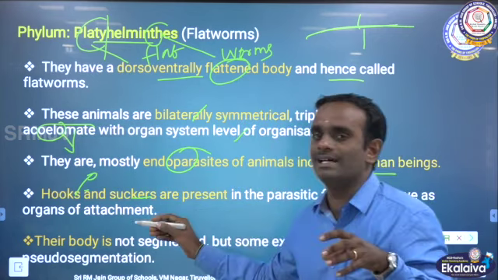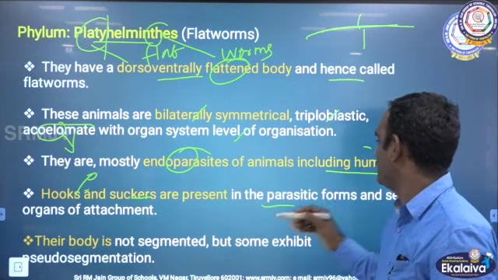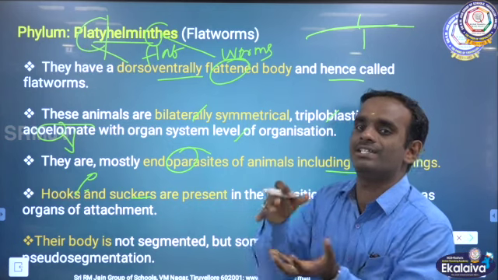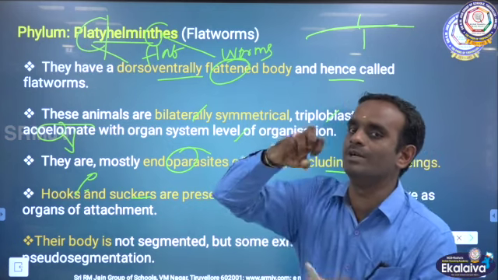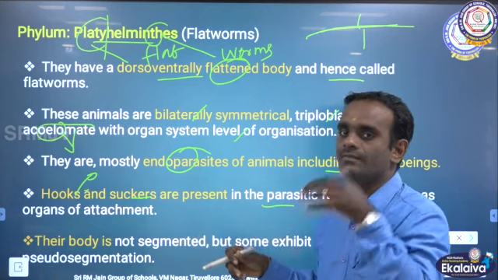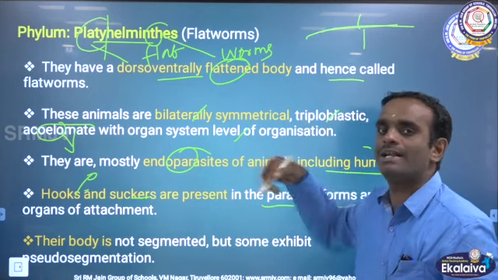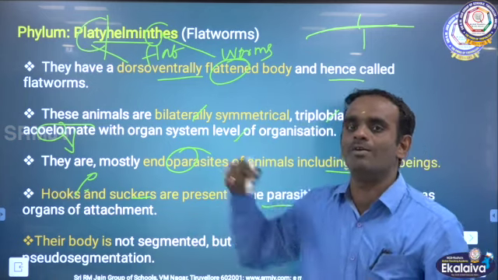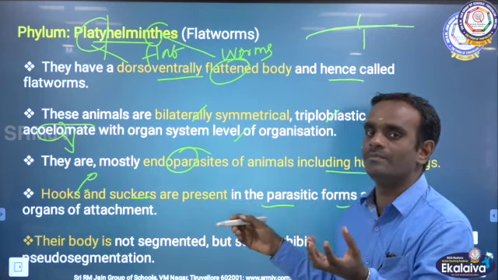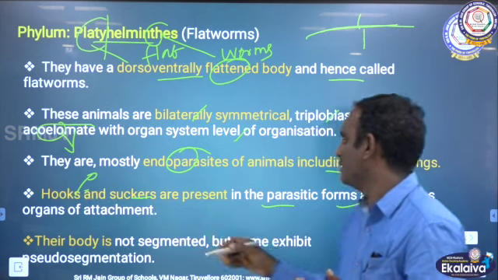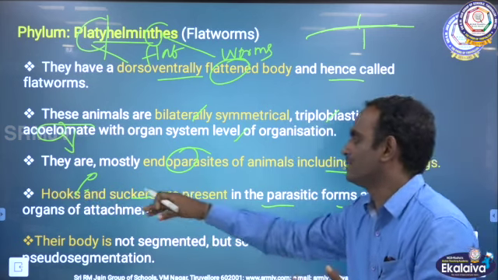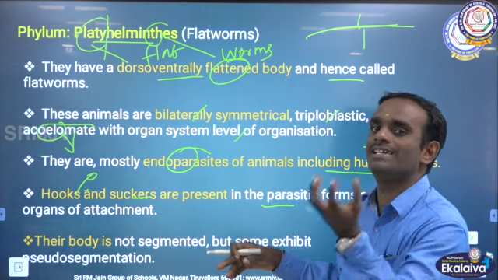Hooks and suckers are present in the parasitic forms and serve as organs of attachment. With the help of the hooks, this organism attaches and anchors. It is usually an endoparasite and goes inside the body.